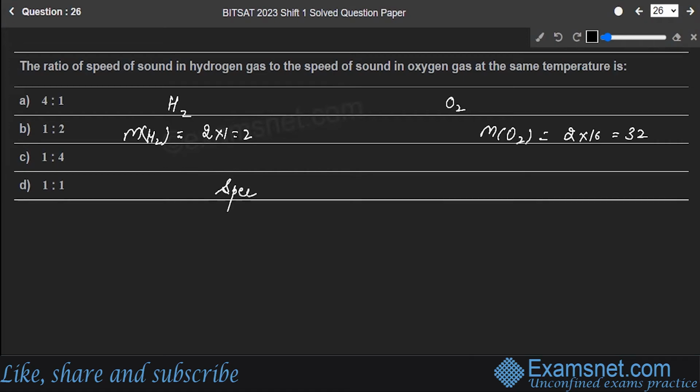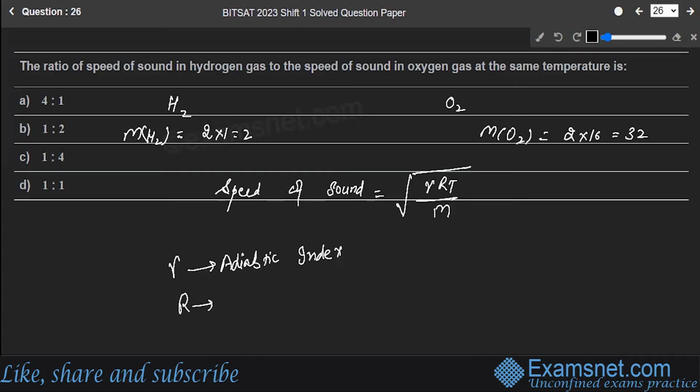Now, speed of sound is given by the root of this expression, where this is the adiabatic index, this is the gas constant, T stands for absolute temperature, and M is the molecular mass.